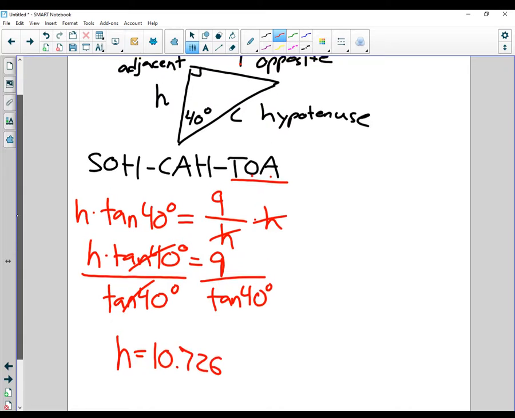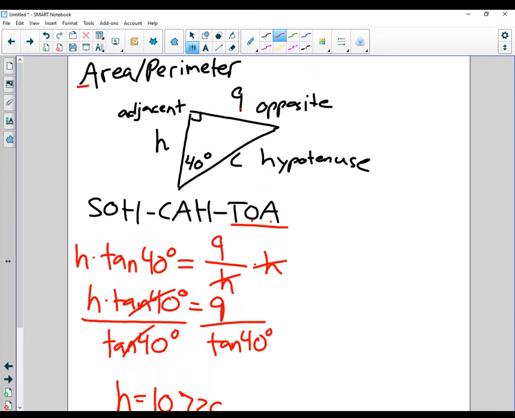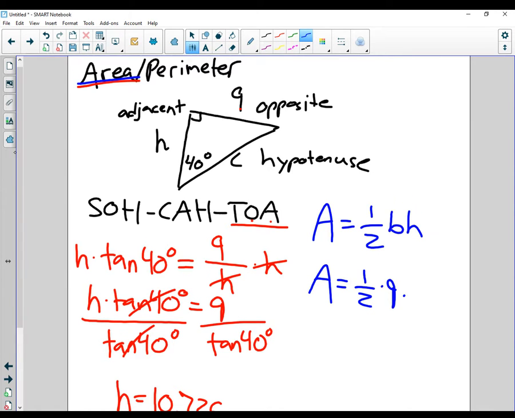All right. Okay, so the area, or maybe I'll do it in a different color. The area, A equals 1/2 base times height. 1/2. The base was 9, and the height we just found was 10.726.